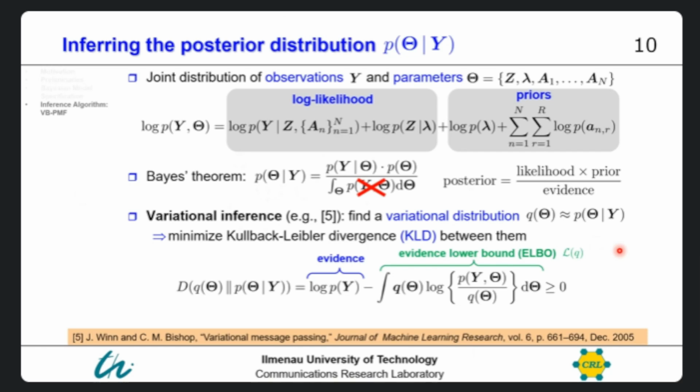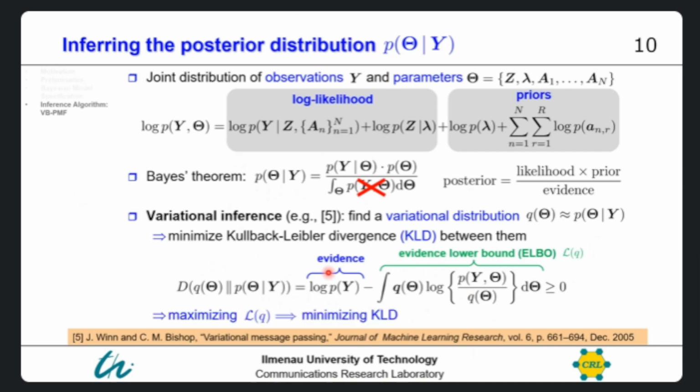And why it's called like that is because we saw that the KLD is non-negative, yeah? So that, and this term here is independent of the parameters, theta. So it means if we want to minimize the KLD, all we need to do is to maximize the ELBO, yeah?